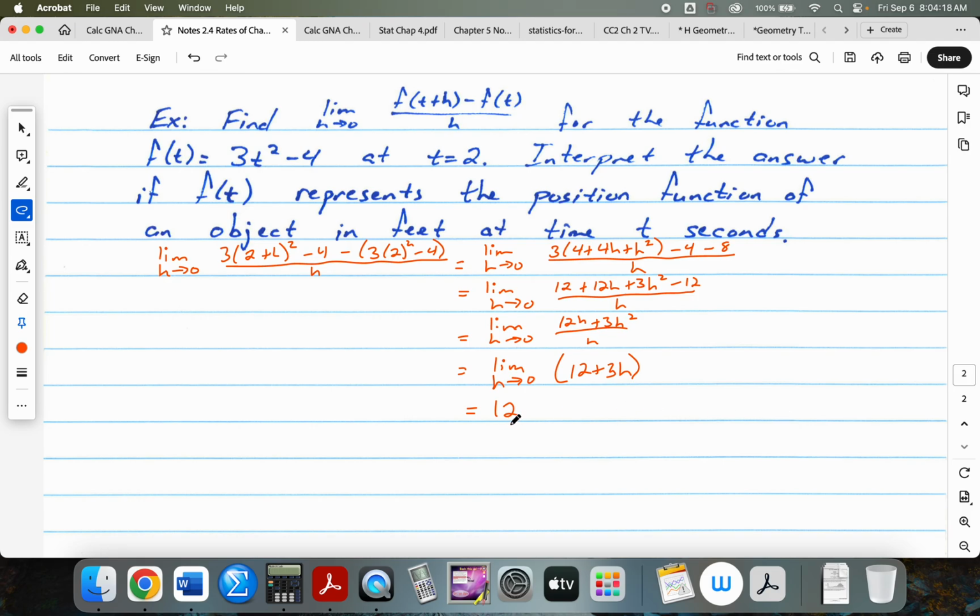So now it says, interpret this answer. Well, 12 is the instantaneous rate of change in the position function f of t at t is equal to 2.